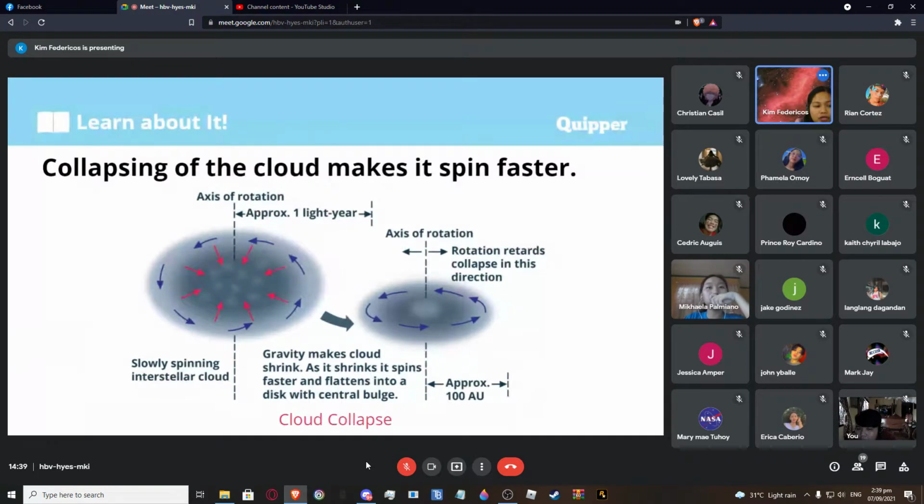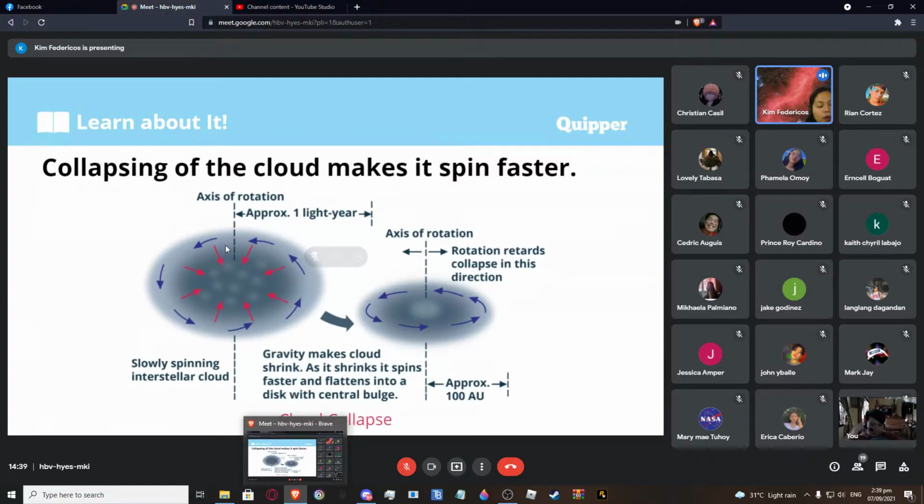The protosun forms at the center, which is the young sun at the early stage of its life. So once mag-rotate na siya, ang dust magtapok na sa tunga, forming a protosun. Nakasabot?